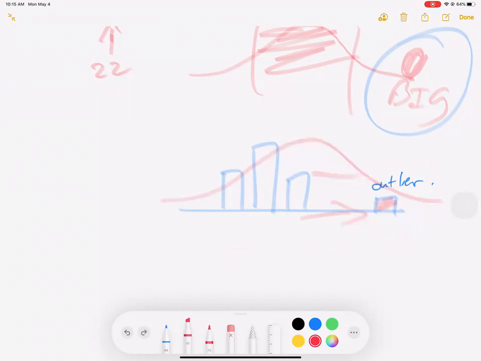So what would happen if I got rid of this outlier? Would the average get higher or would it get lower? Would the average swing to the right or swing to the left?